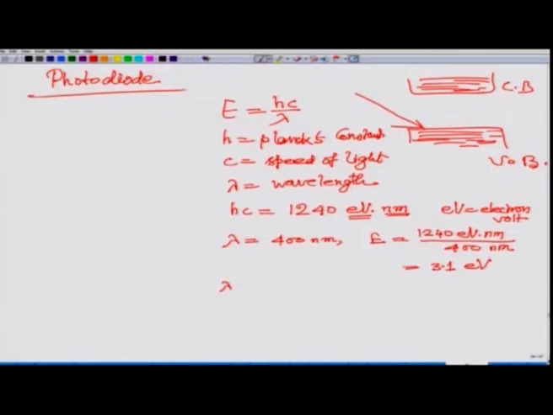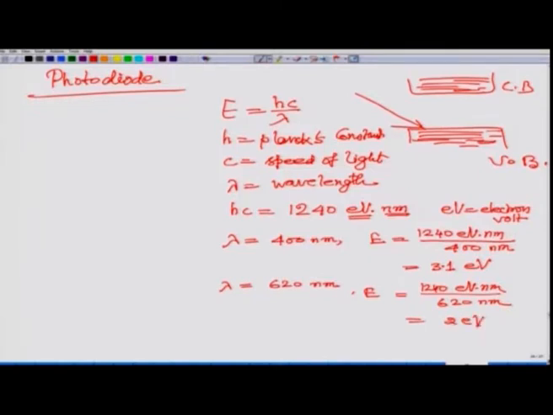If lambda is, let us say, 620 nanometers, then E will be 1240 eV/nm over 620 nanometers, 2 eV, and so on.